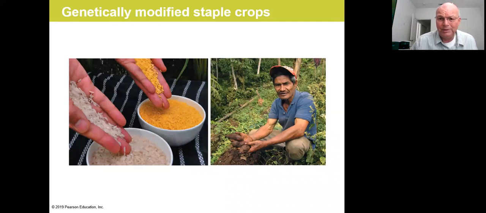The same is true with the sweet potatoes. A lot of sweet potatoes don't have the bright yellow color of the beta-carotene. They have a yellow color, but it's not because of beta-carotene. But by introducing beta-carotene into the sweet potatoes, again, you accomplish the same thing as you accomplish with the golden rice.